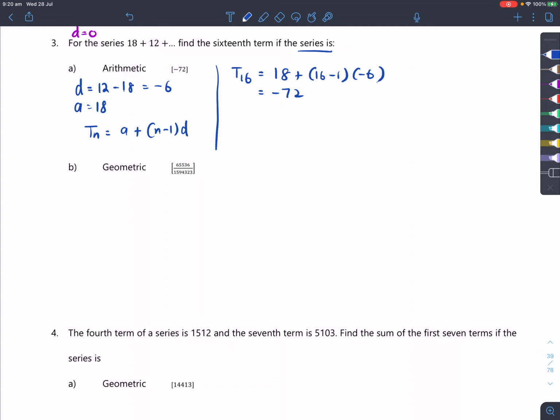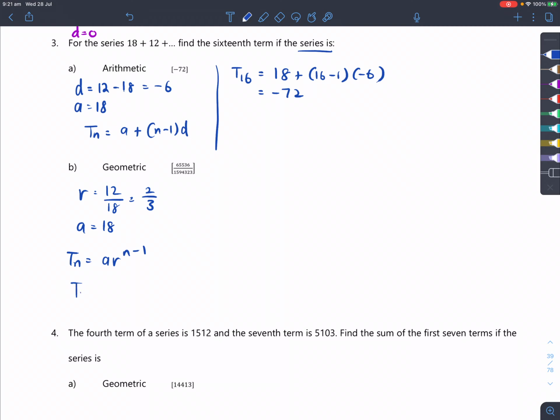Now, for GP, a geometric series, our ratio will be the second term over the first, which is 12 over 18. 12 over 18 is going to be 2/3, right? A is still 18. Tn is going to be a r to the power of n minus 1.